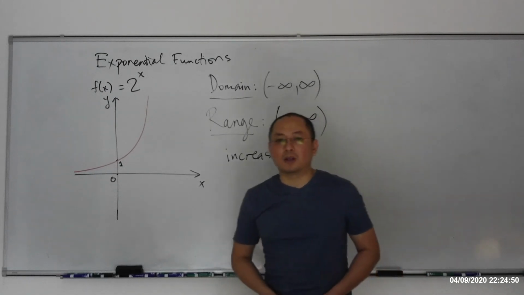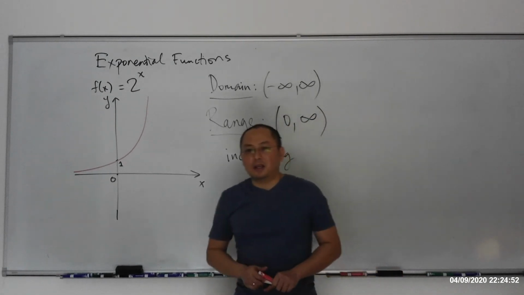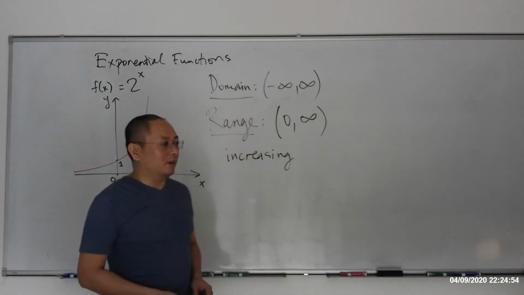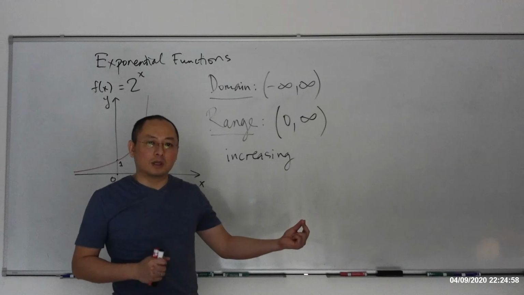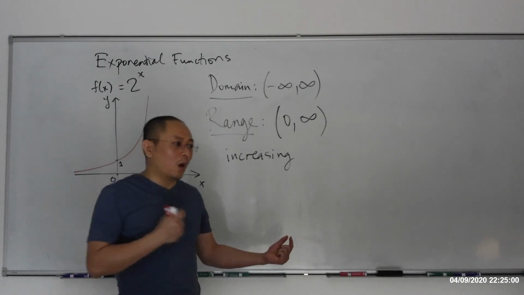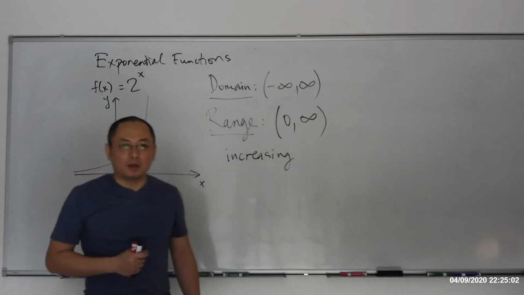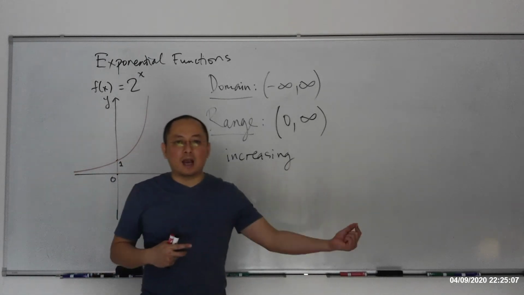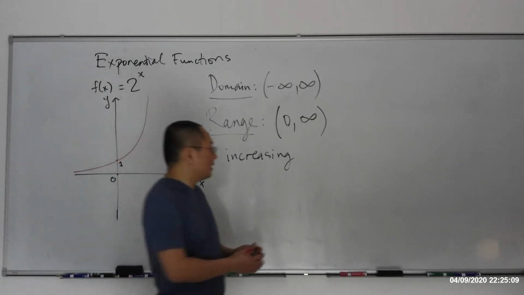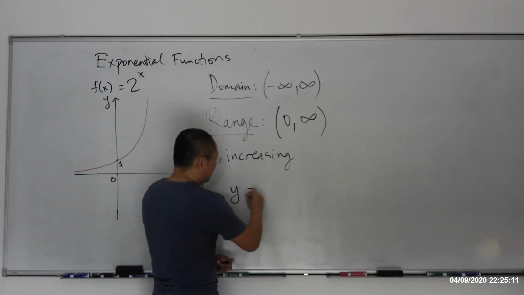And what does it mean by one-to-one function? Keep in mind that in the definition of function, we never restrict the condition for the input. We only restrict the condition for the output. Each input can only give you exactly one output. But two different inputs can give you the exact same output, and that's okay. That's still a function. Say something like y equal to x squared.